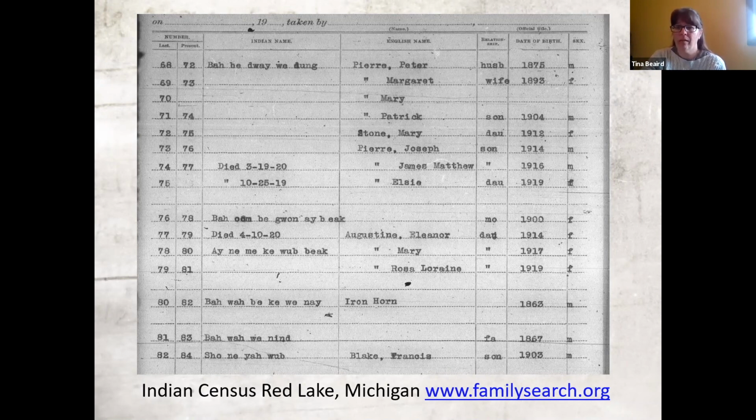So if you know that the first name was Mary or Peter, sometimes I might go into Heritage, for example, and put in Peter and the community and date and just look at the whole list to see if I can spot it, because it might have been absolutely butchered. So sometimes I might not even bother to try to figure out surname versus given name. I just might put it in and see what comes up.